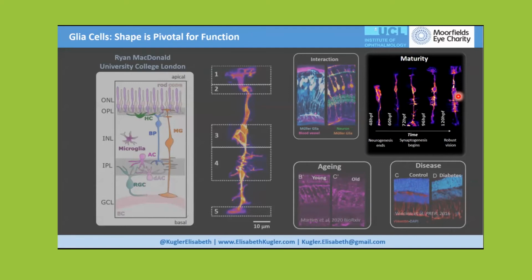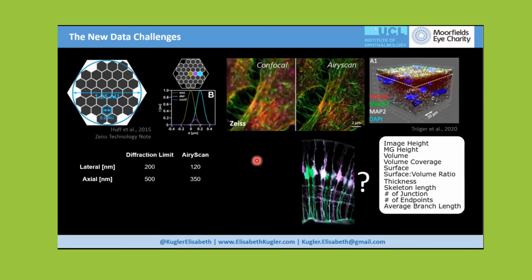But now, as you can appreciate, these cells are very different to the brain of the zebrafish. If we look at the scale bar, this is 10 micrometers in size. So these are very small cells and also very small protrusions that we're interested in looking at. With light sheet microscopy, we wouldn't have the detail and resolution that we need in this case. So what we use is Airyscan microscopy.